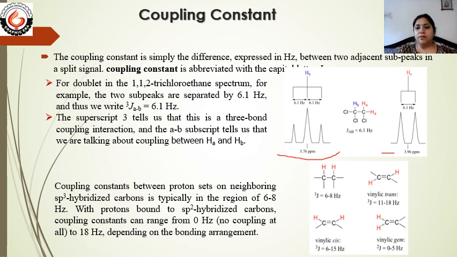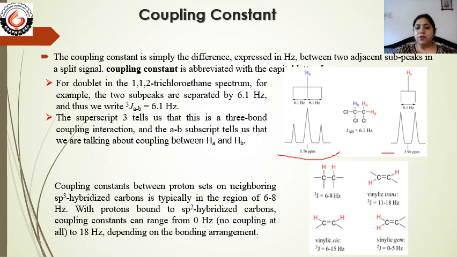The triplet occurs at 5.76 ppm and the doublet occurs at 3.96 ppm. The difference between the 2 peaks of the doublet or the 3 peaks of the triplet is known as coupling constant J, and the value of this is 6.1 Hertz. So coupling constant is expressed in Hertz.